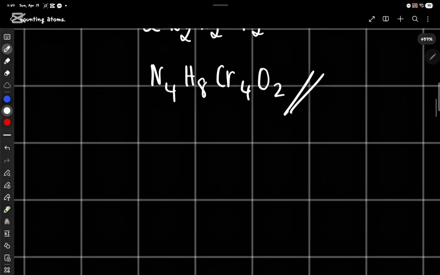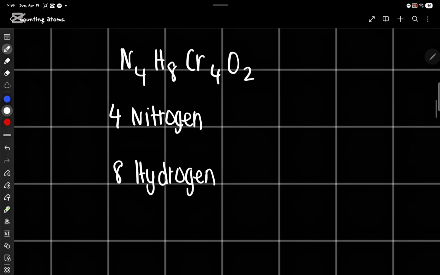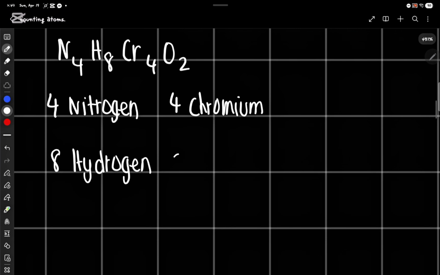So that would be your final equation, and from here you can just count. So you have 4 nitrogens, 8 hydrogen, 4 chromium. I'm not sure I spelled it correctly or not. And 2 oxygens.